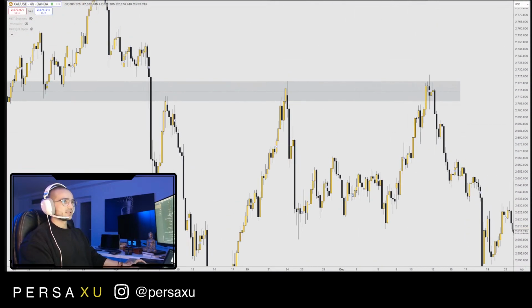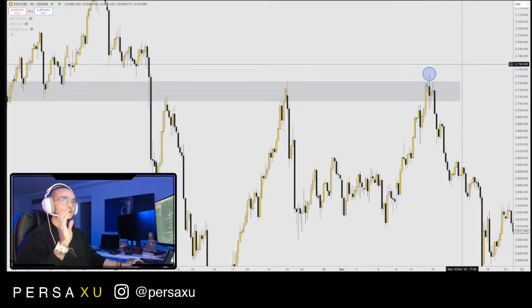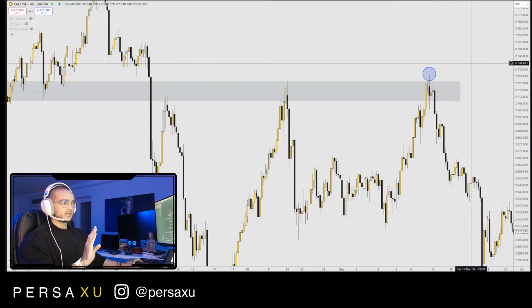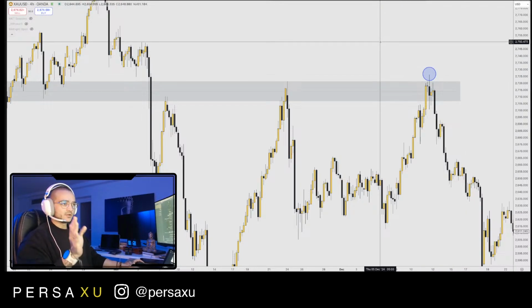But I'm focused now on this wick. Look at that wick right there. You see that? That's a 4-hour wick. But in the 30-minute and 15-minute, that is not just a wick.